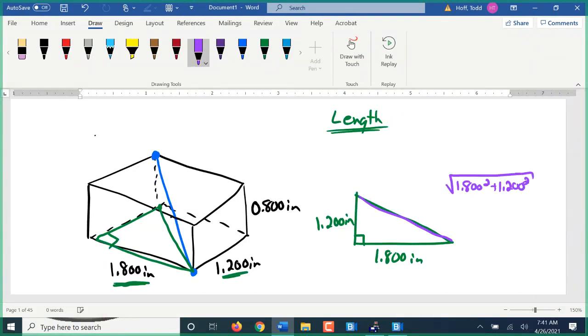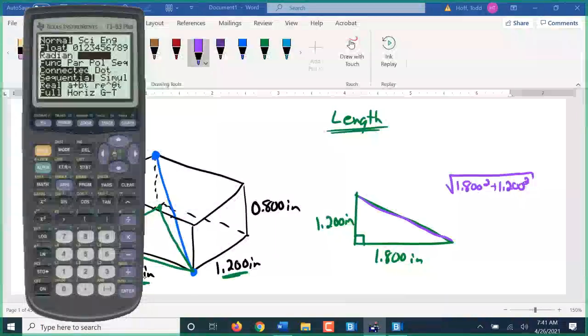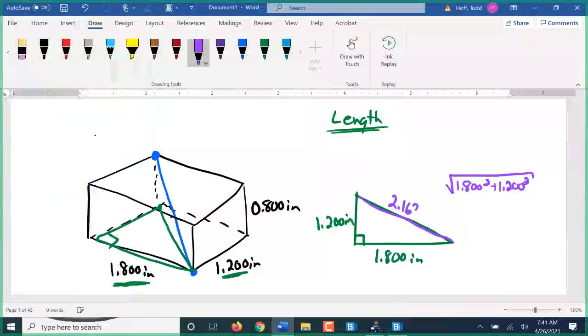We'll do the shortcut. Square root of 1.8 squared plus 1.2 squared, 2.163 we get. That hypotenuse.